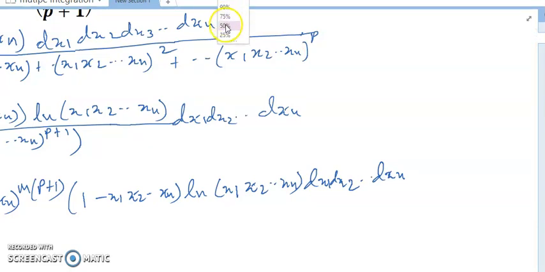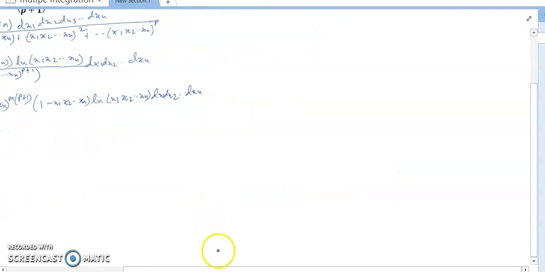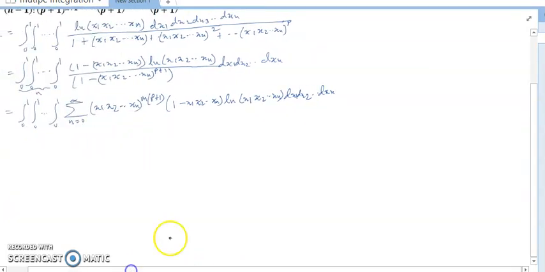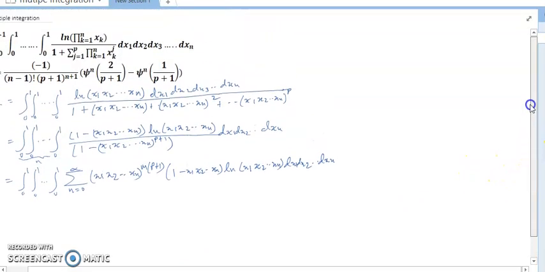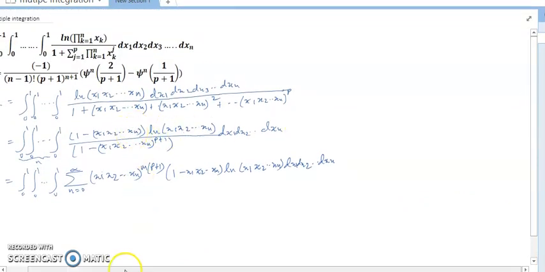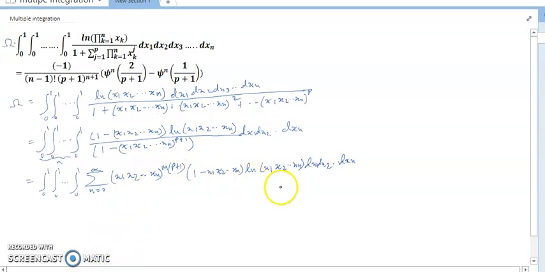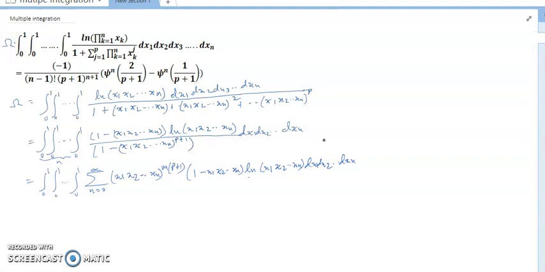Now let's check my full work. You can see that this is my total work. Okay, this is my problem, and I just wrote it this way: ln x1 x2. Now friends, you have to remember what the value is.